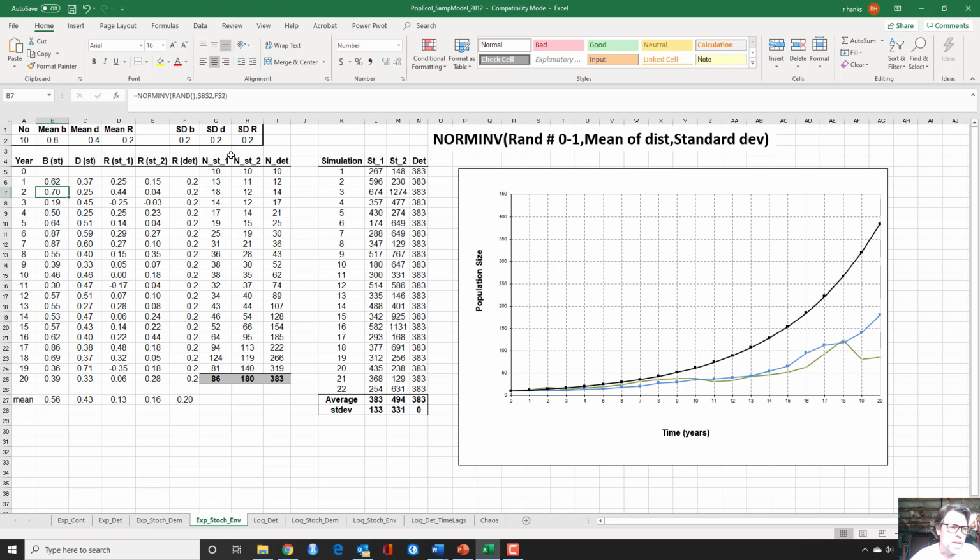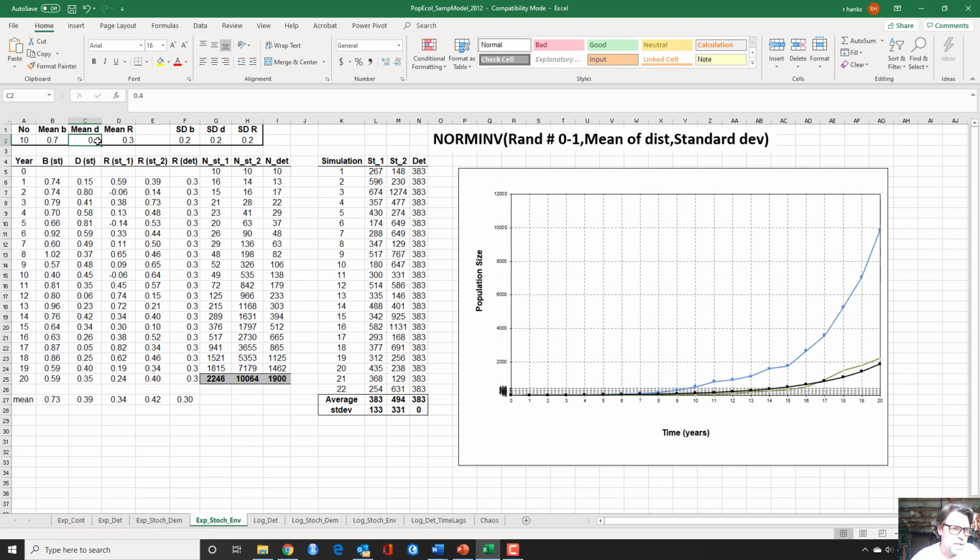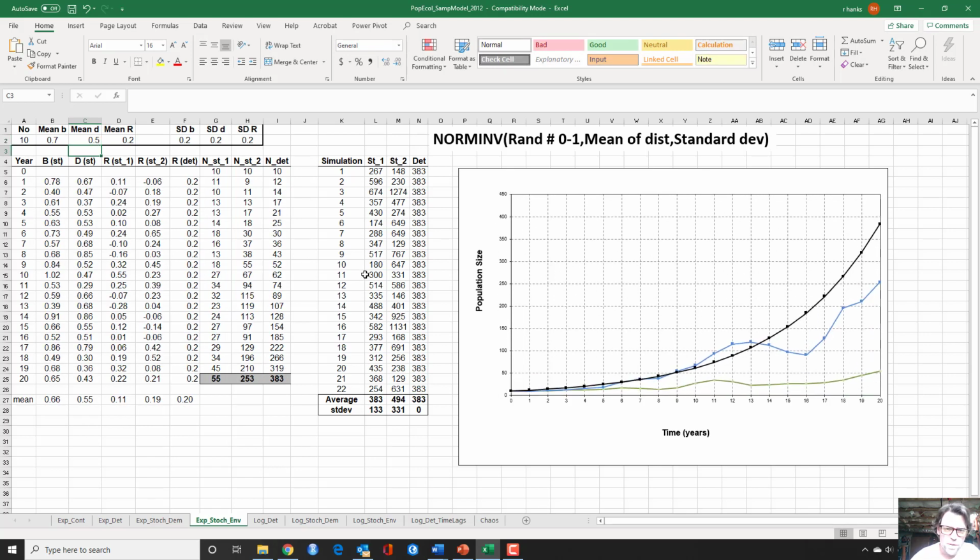Now I can change these different rates. So for example, if I changed the mean birth rate to 0.7 and change the mean death rate to 0.4 or 0.5, you can see that these values start to change.